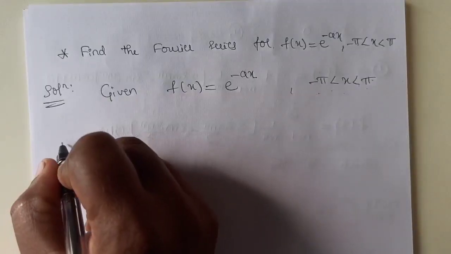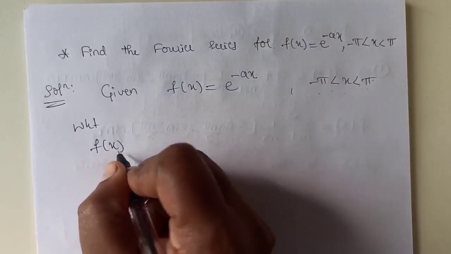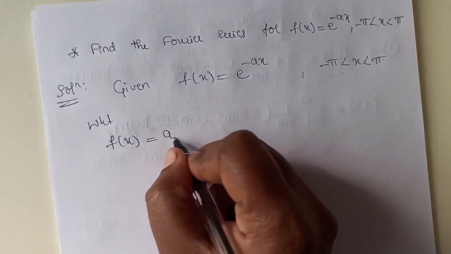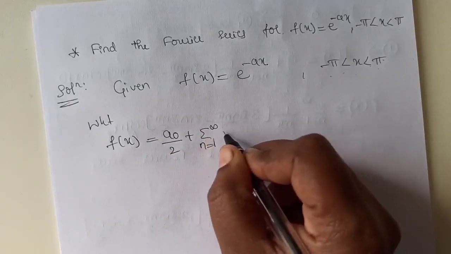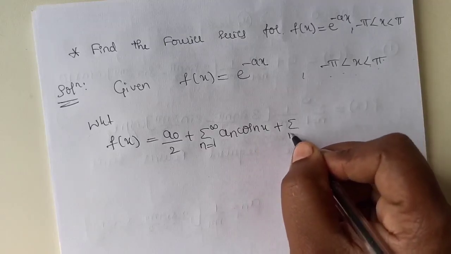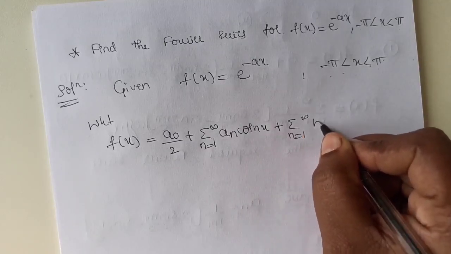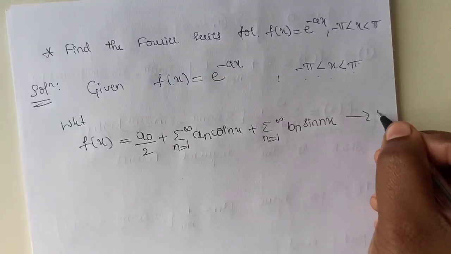Now we know that the Fourier series is given by f(x) = a₀/2 + summation n equals 1 to infinity aₙ cos nx + summation n equals 1 to infinity bₙ sin nx. Consider this as equation 1.